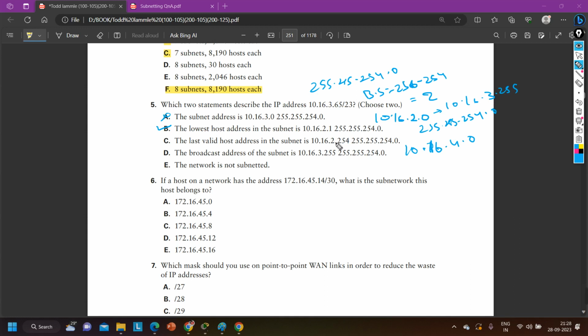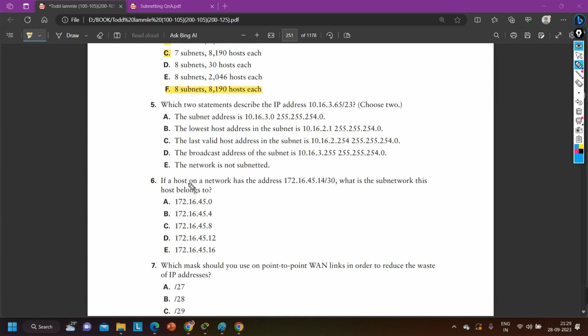Is it the last IP address? No. This one is then incorrect. Option D: the broadcast address of this subnet. Is it correct? Broadcast address, yes, correct. And the network is not submitted. This is incorrect.